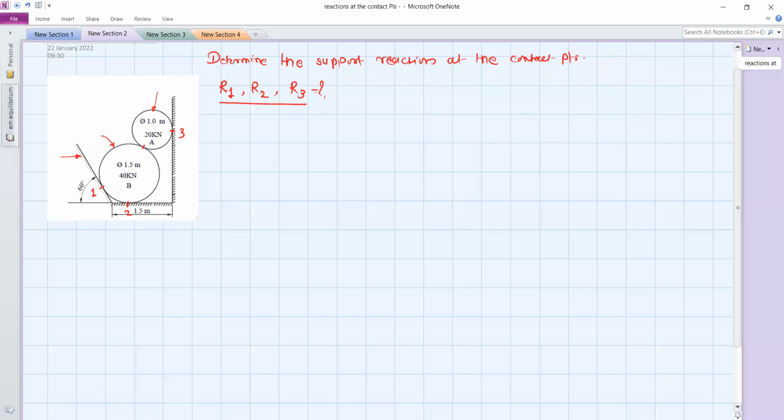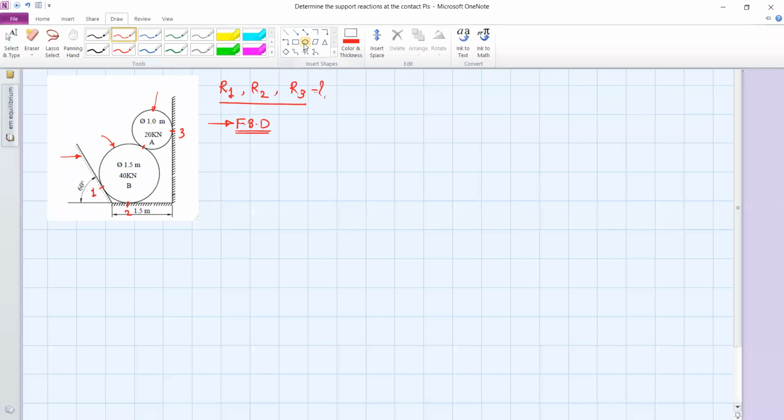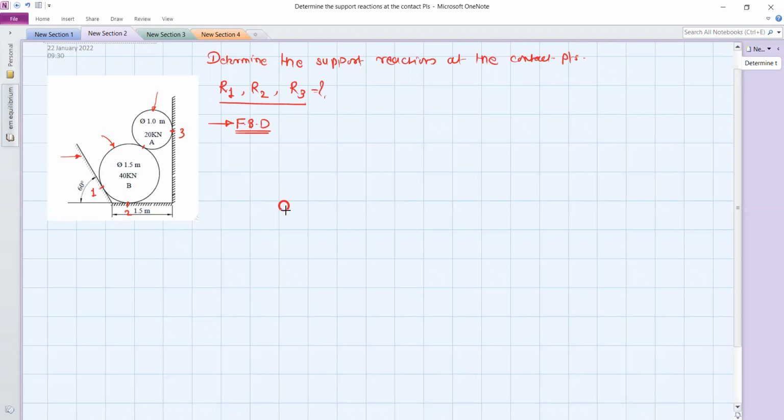Okay, so for this, we will draw the free body diagram. That is your first step. In the free body diagram, you need to isolate this system from its surrounding. So this is the first sphere.